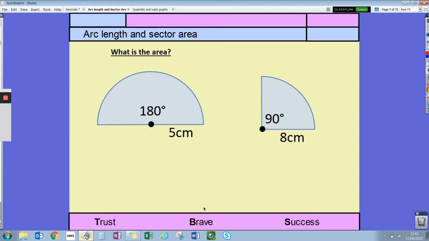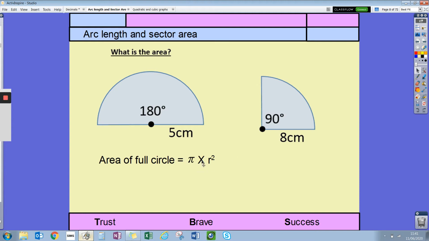So here we've got a couple of special examples which we're then going to be able to apply to find the sector areas. If we imagine there's a full circle, we're going to calculate the area of that first. So formula, pi times radius squared. The radius here is 5, so pi times 5 squared, which gives you 25 pi.